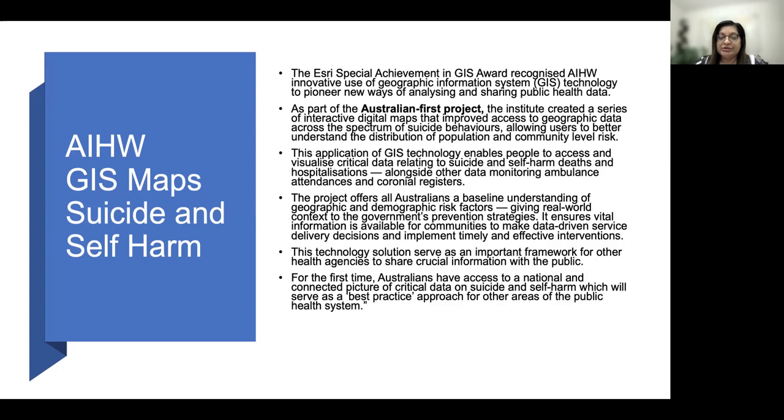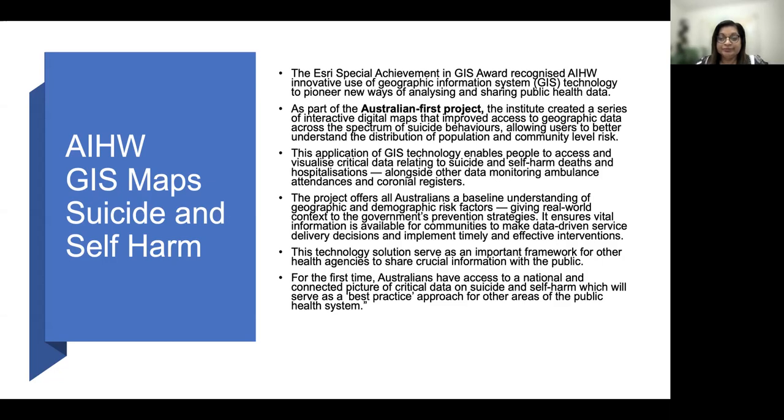This application of GIS technology enables people to access and visualize critical data relating to suicide and self-harm deaths and hospitalizations, alongside other data monitoring, ambulance attendance, and coronial registers. The project offers all Australians a baseline understanding of geo and demographic risk factors, giving real-world context to prevention strategy.